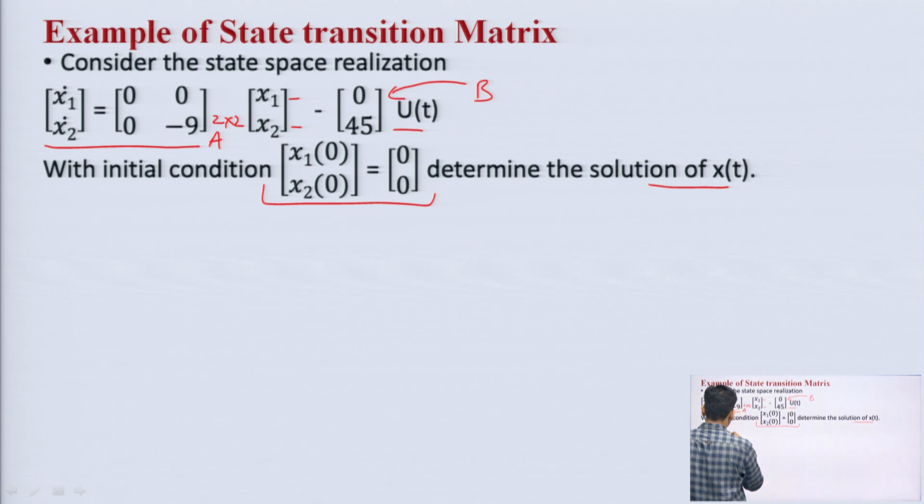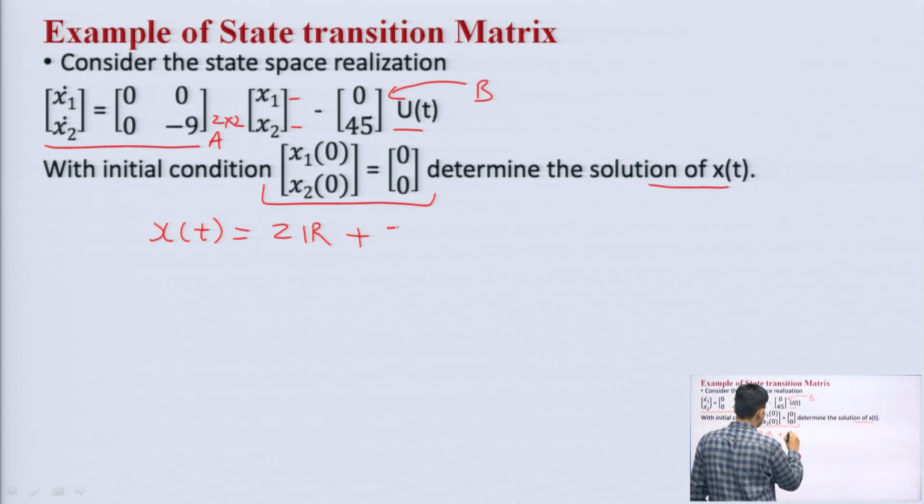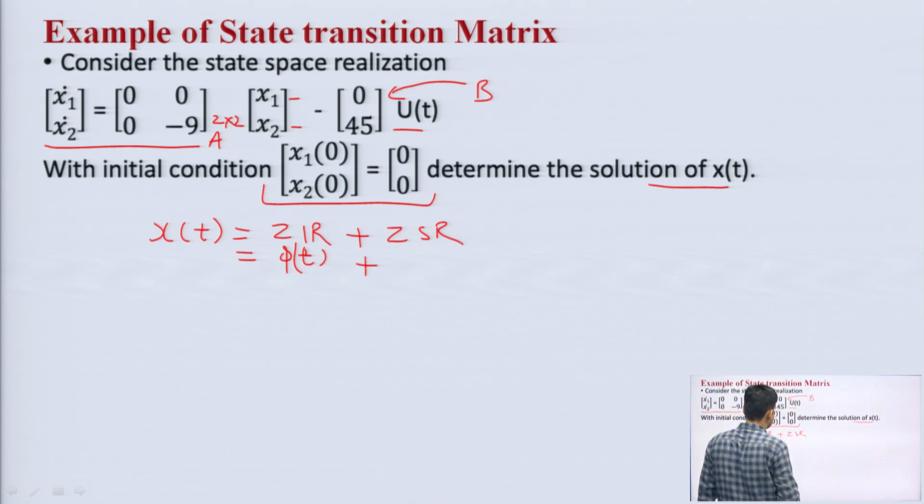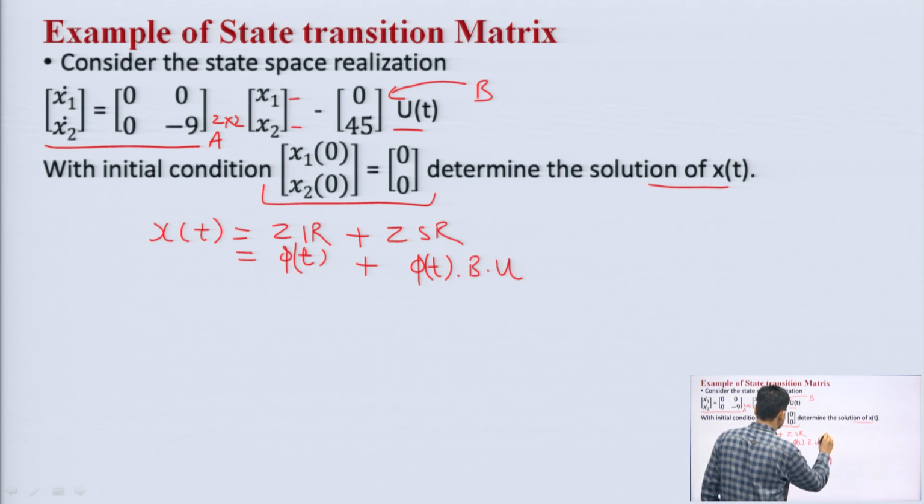If you remember from the previous concept, our solution x(t) is given by the summation of ZIR plus ZSR. The ZIR was previously used to estimate our state transition matrix phi(t), and the ZSR is the zero state response, meaning the response in presence of input. In the time domain it would be given by phi(t) dot B dot u(t).